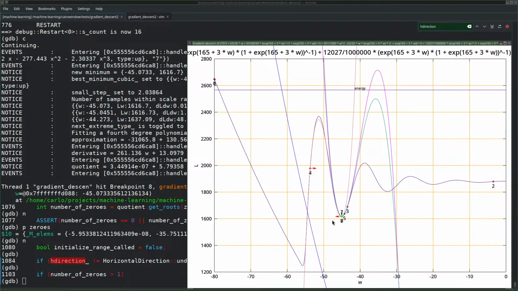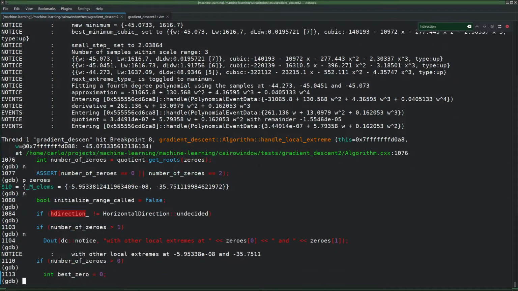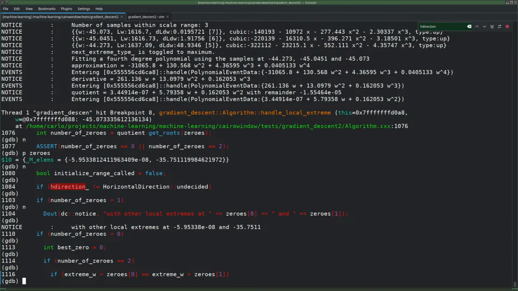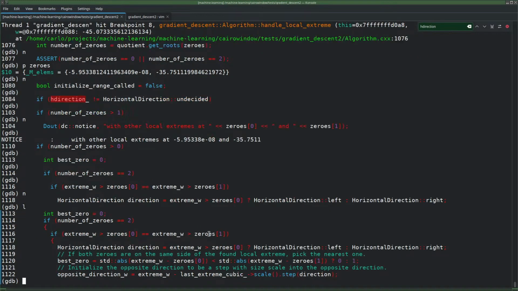This is an old range. Maybe it should already have been erased at this point, but okay, I'm not using it anyway, so let's not worry about that yet. So we just keep both zeros, and then we find out that both zeros are on the same side of the current extreme, or this is where we are. That's the local minimum that we found, and then we determine the fact that this is. I didn't save that yet.